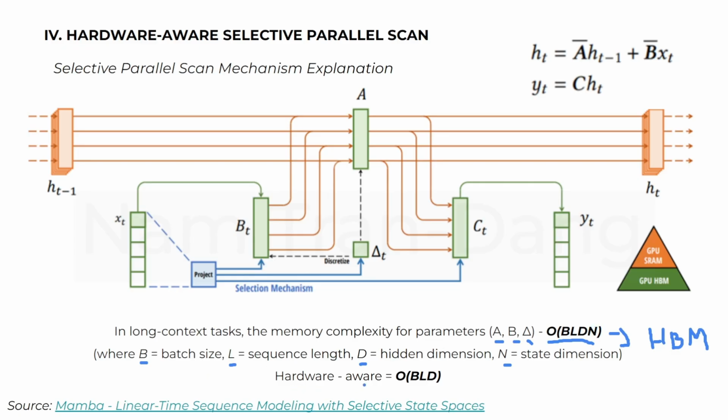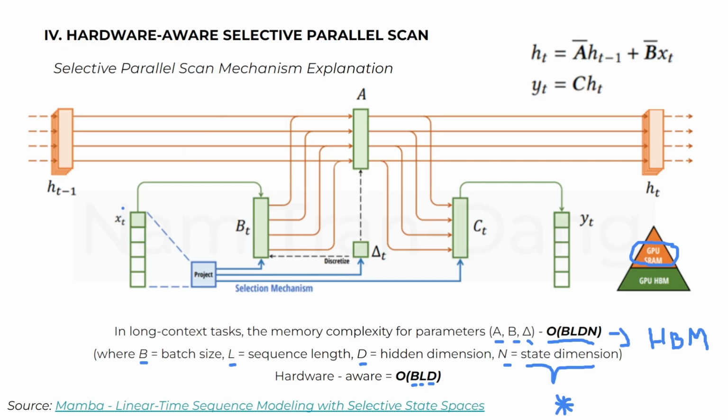So that is where the hardware-aware part came from. The complexity there is just BLD, and N, the state dimension, is used solely to calculate the selective mechanism inside SRAM. So here we have the main paradigm for the selective parallel scan, which is from the original Mamba paper.